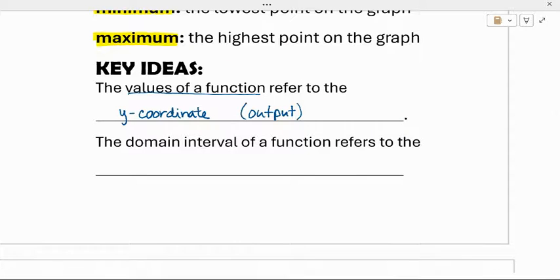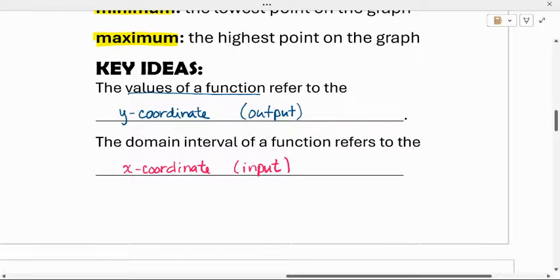The domain interval of a function is talking about the x coordinates, and that is your input. Remember that your y coordinates are along the y-axis, which is vertical, and your x coordinates are along the x-axis, which runs horizontally. This is your x-axis, and this is your y-axis.